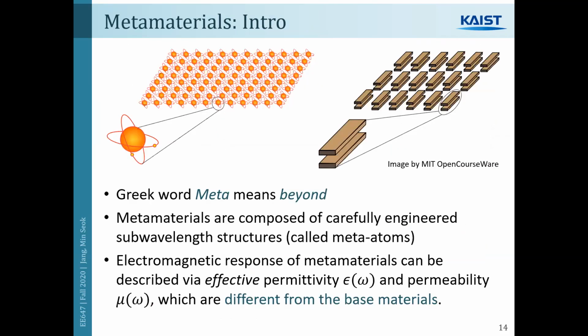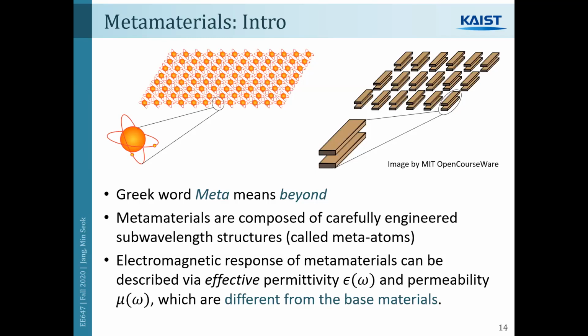Okay, so now we move on to metamaterials. The Greek word meta means beyond. So metamaterials can do what natural materials cannot do. Let's think about how a material is composed. Material is composed of atoms, right?